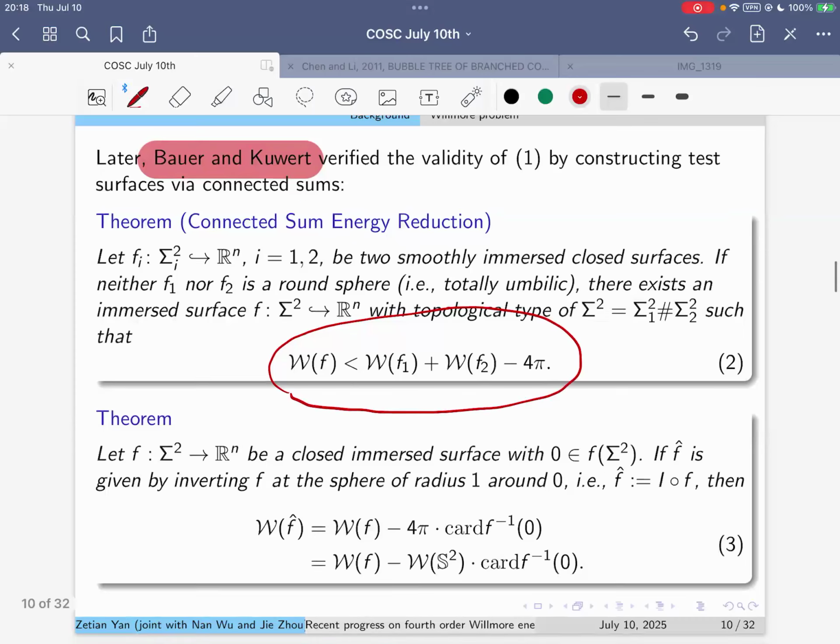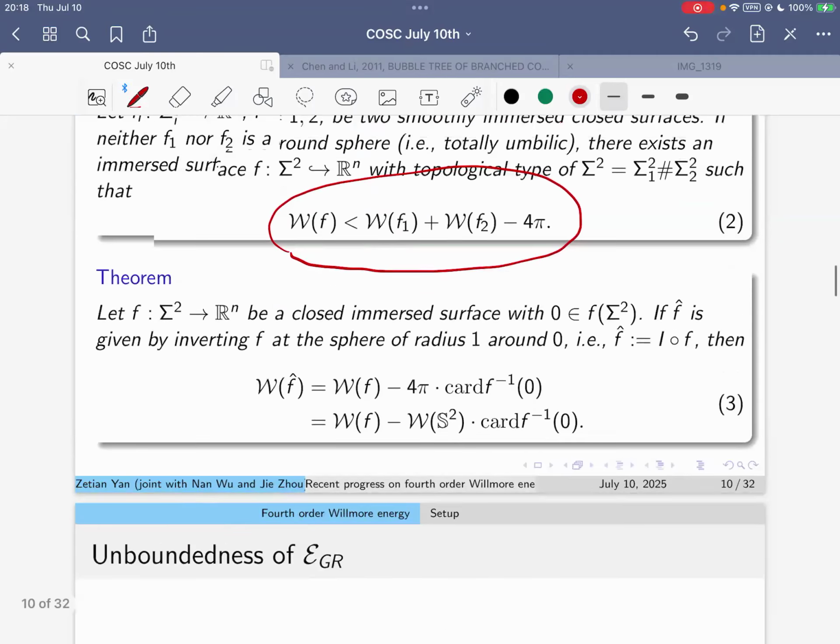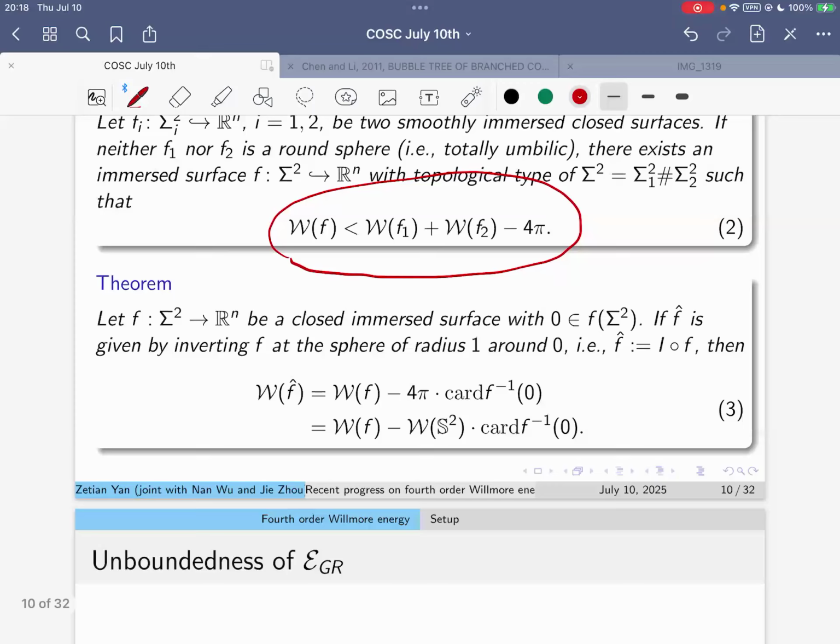The key point in this process is the following theorem. As I said before, in this process you need to cut a disk and do the connect sum, and you need to estimate the change of the energy. So this theorem says that we can use inversions to do this.